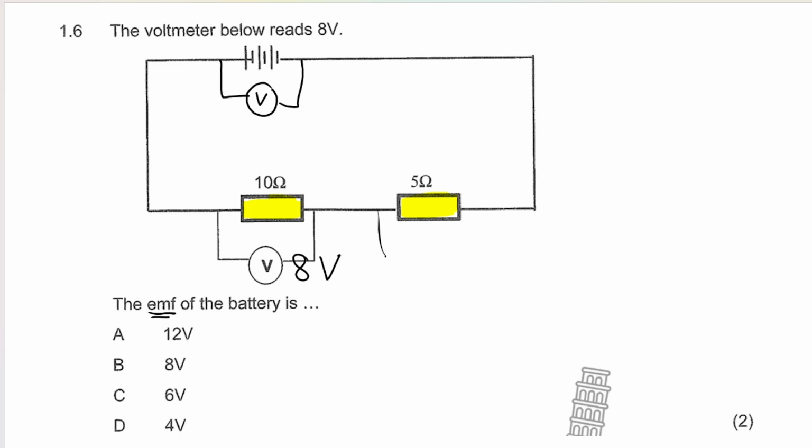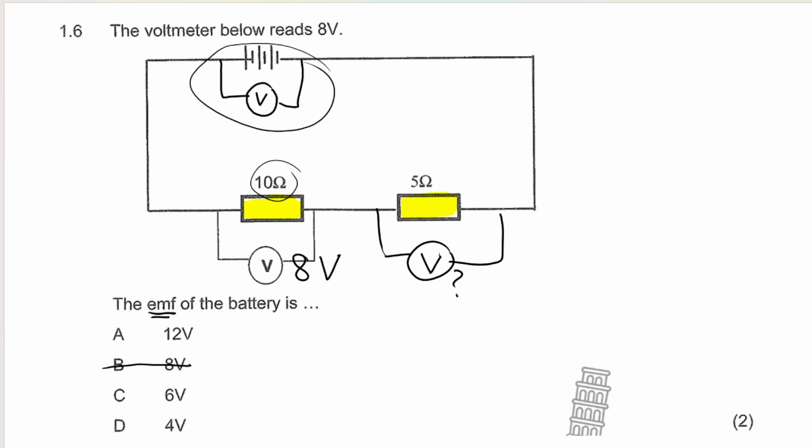So what that means is that the voltage across the 10 ohm resistor, which is 8 volts, and the voltage across the 5 ohm resistor, which I don't know, if I add those two together, it'll give me the voltage across the battery or the EMF of the battery. So this option is immediately not correct, because 8 plus something must give me the voltage across the battery.